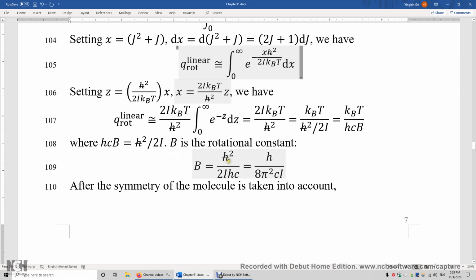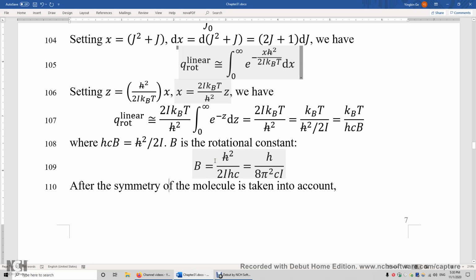So B is h bar squared over 2I hc. The reduced Planck constant h bar is h over 2 pi. So we can further simplify this to h over 8 pi squared times c times I. What's the unit of B? The unit of B is meter to the power of negative 1, or more commonly used, centimeter to the power of negative 1.